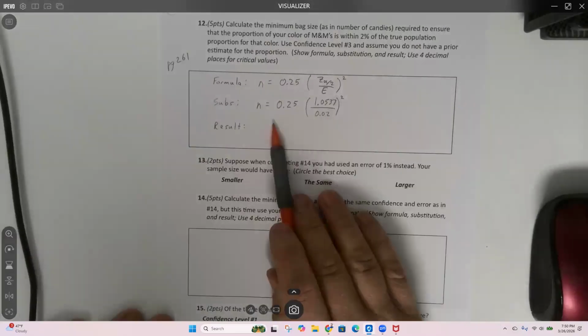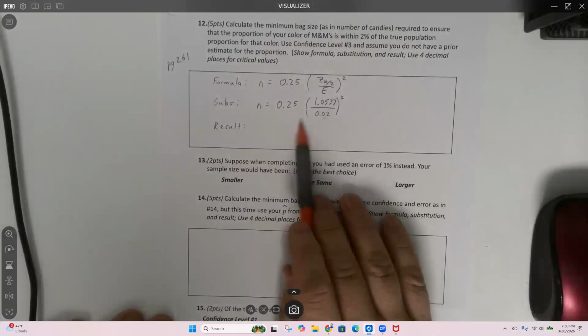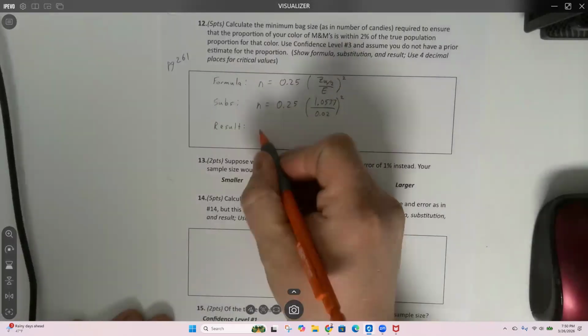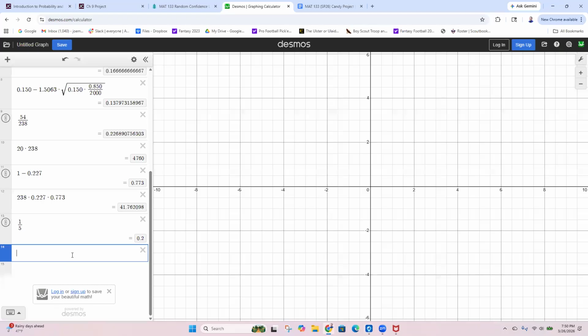All right. Now that I've got that, we just type this into the calculator and see what we get. 0.25 times big parentheses 1.0537 divided by 2% as a decimal is 0.02.